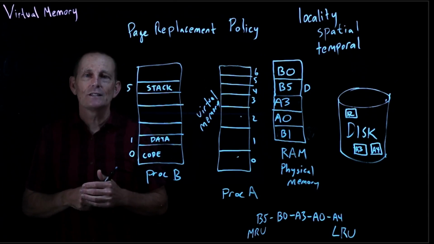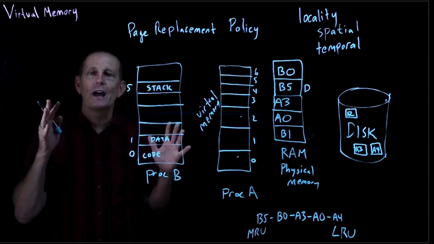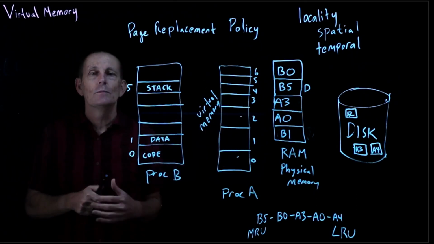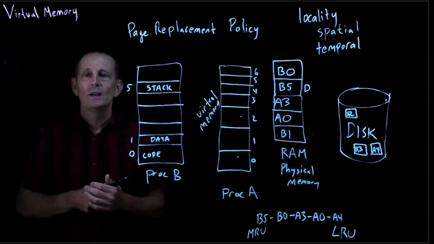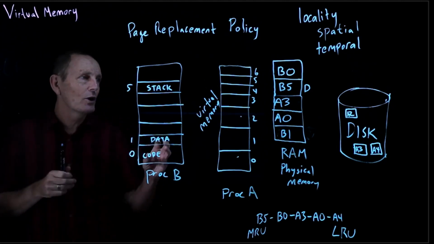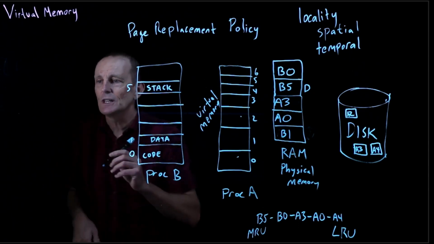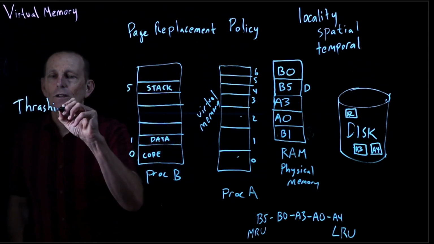If you've got just two processes and a lot of memory, then both A and B can have a large set of pages in memory. And that works great. But as you start increasing the number of processes, you're going to have more and more contention for this memory. In the worst case, you get thrashing.